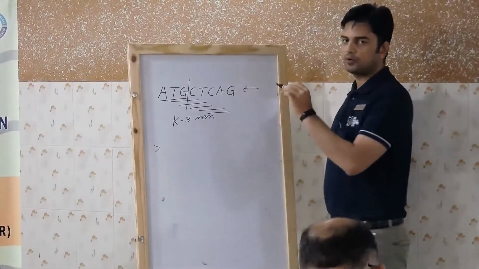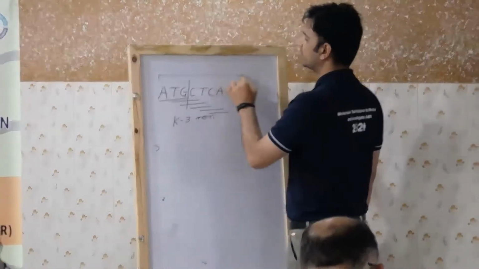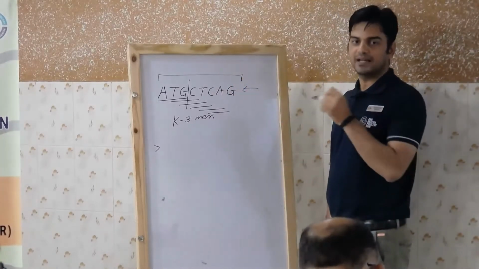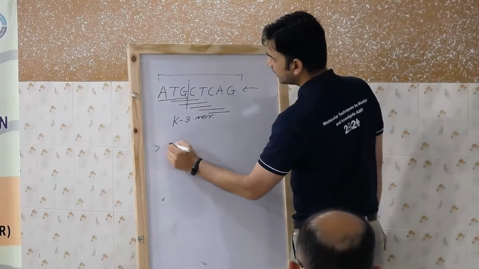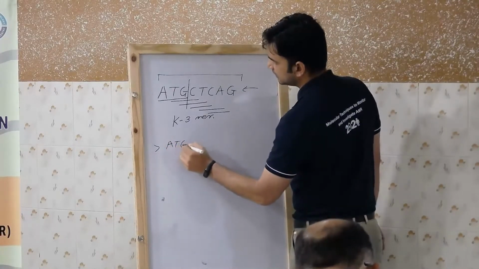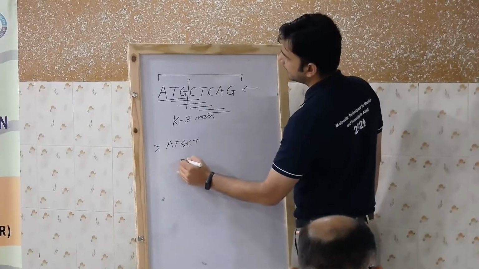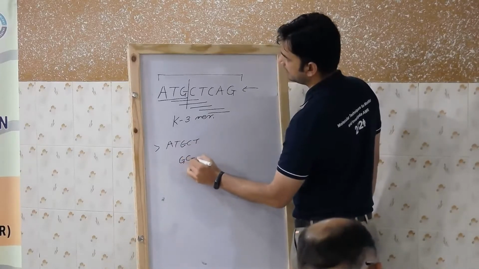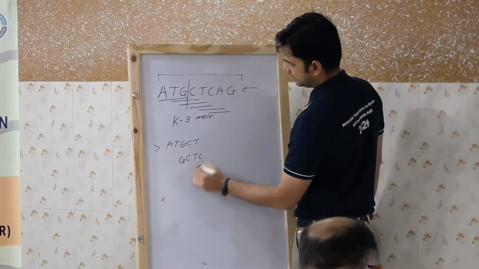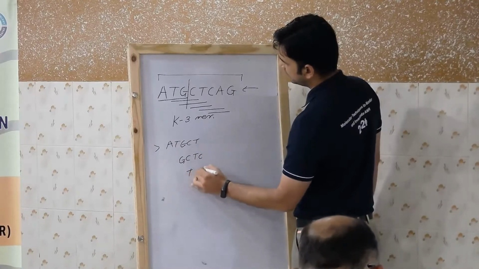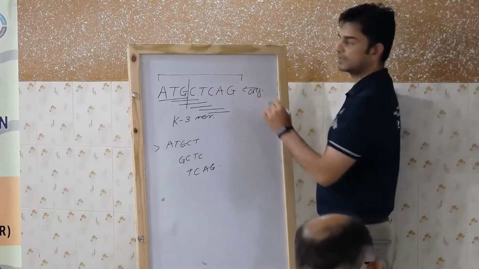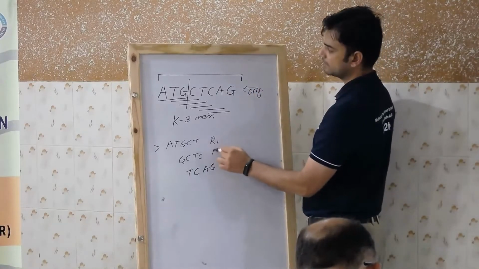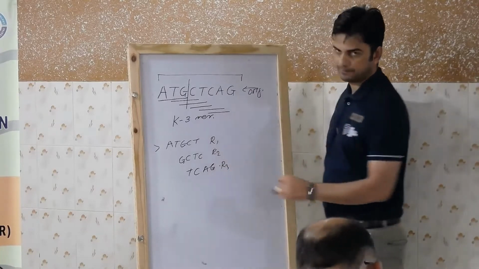In another scenario, consider that you do not know the exact position of these nucleotides, but instead you are getting your reads in terms of A, T, G, and another G, C, T, C, and the third will be T, C, A, G. So this is your original genome, right? This is your read 1, read 2, and read 3.